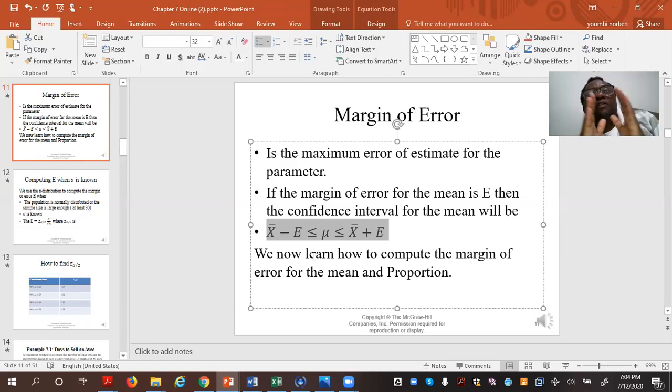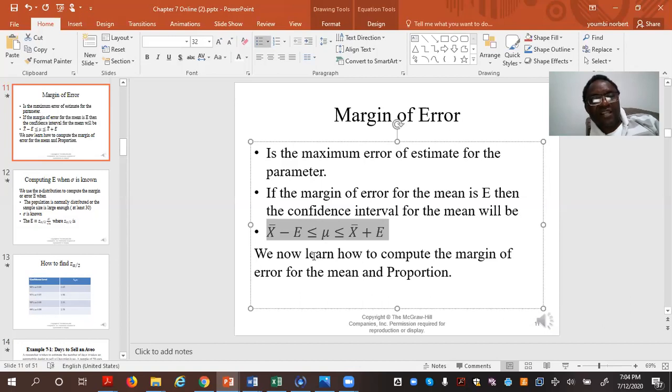The error is the difference between the actual value and the one you have estimated. So if you have the error, you can say, okay, if I say John is 20 years old, I'm wrong by 2 years at most. It means he could be at least 18, at most 22.